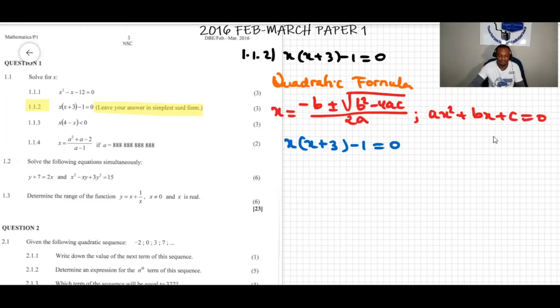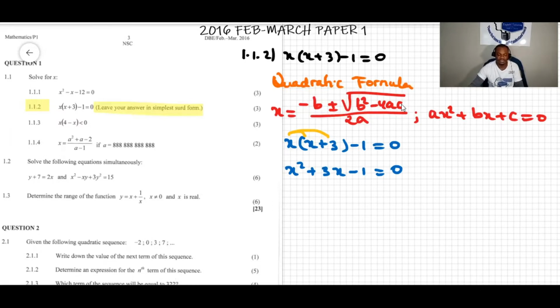So this will be x times x, x times positive 3, so x squared plus 3x minus 1 equal to 0. Now it has the general form of a quadratic equation.